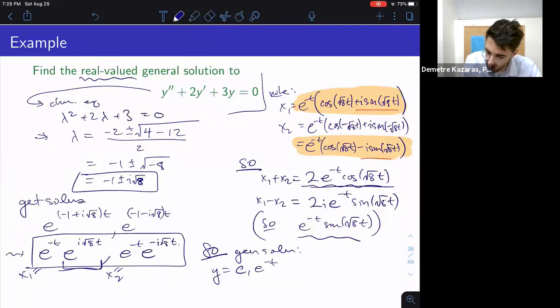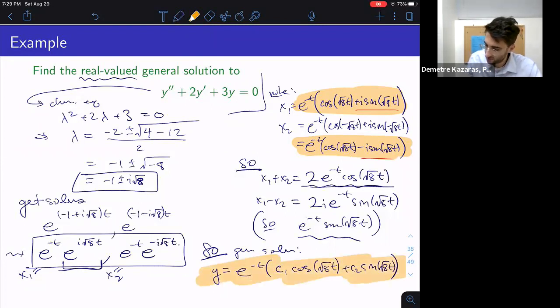Well, actually, let's factor things out a little bit, make it look a little bit nicer. In general, it'll look like e to the minus t times C1 cosine root 8t plus C2 sine root 8t. That is the general solution for any C1 and C2.